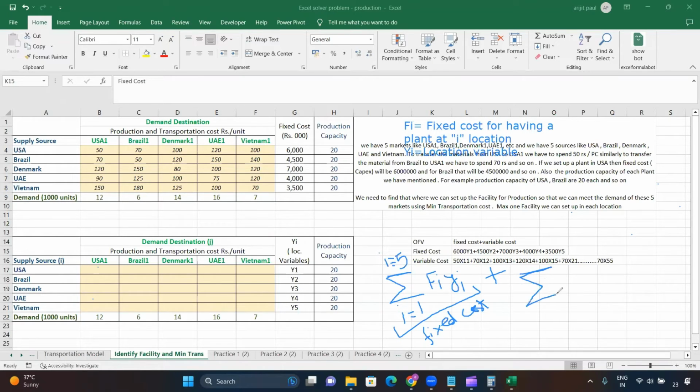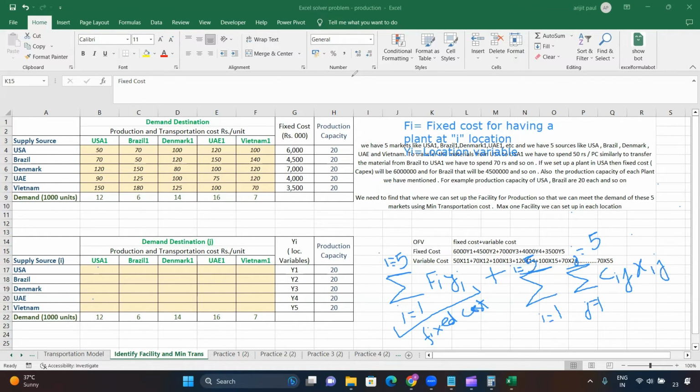So for operation cost, again, we need to mention the same thing: summation i equals 1 to i equals 5, and j equals 1 to j equals 5, because we have 5 markets and 5 destinations. Cij and Xij.